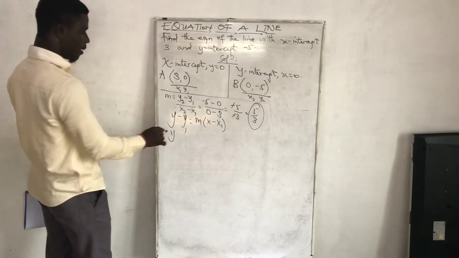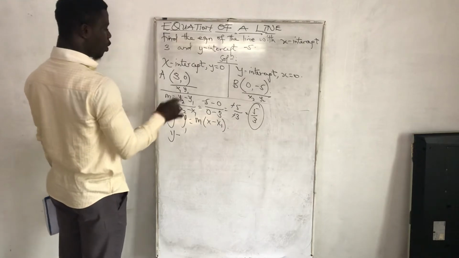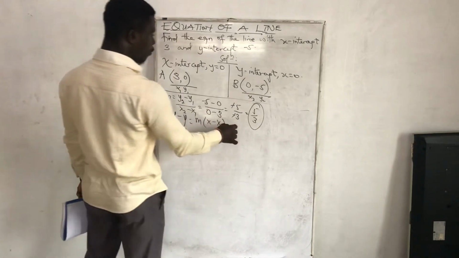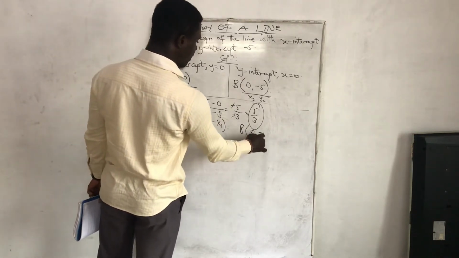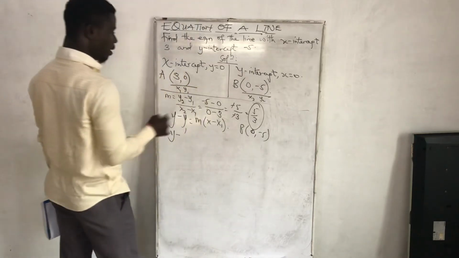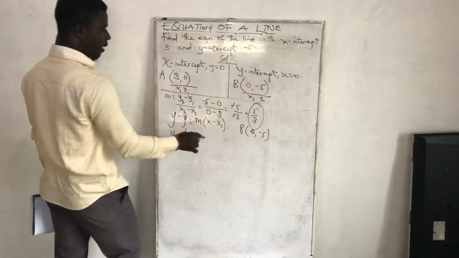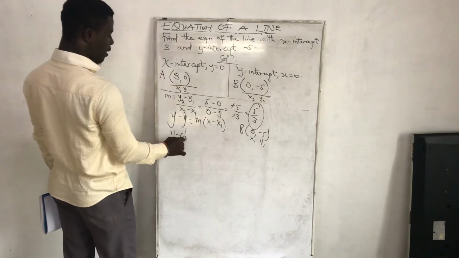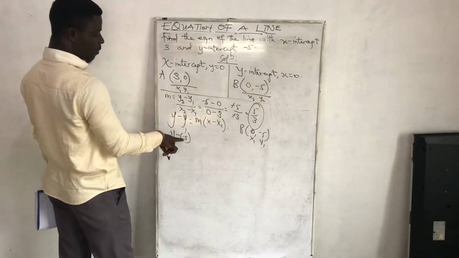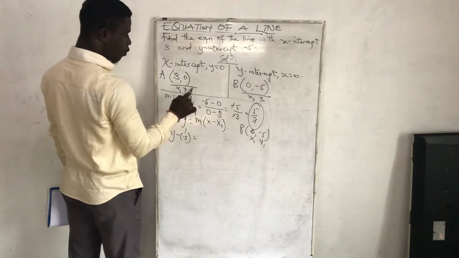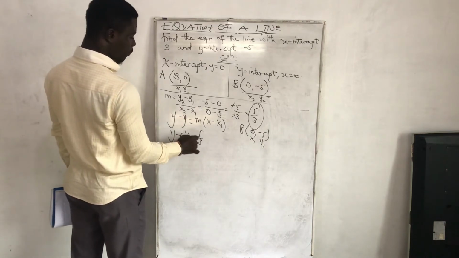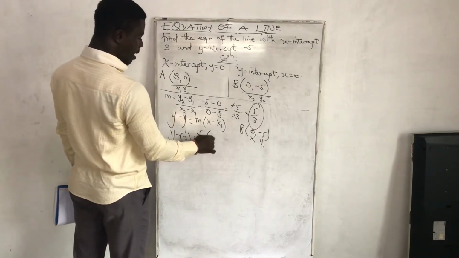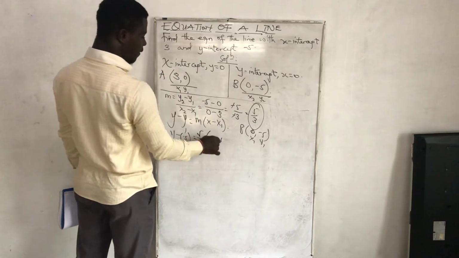So y minus my y1, you can take any point. So I can use point B, that's (0, -5). So this one is my x1, then my y1. So my y1 is -5. Mind you, there's minus, then -5, equals m, which is 5 over 3, then x minus x1, which is 0.